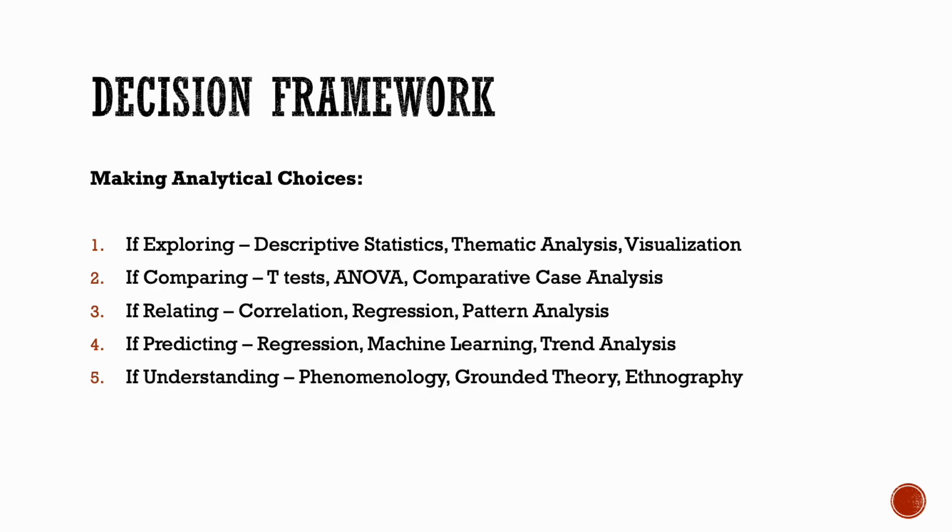If you're examining relationships between variables or concepts, correlation and regression work for quantitative data. Start with correlation to understand associations, then use regression to model relationships. For qualitative data, pattern analysis identifies how themes relate to each other or to participant characteristics.